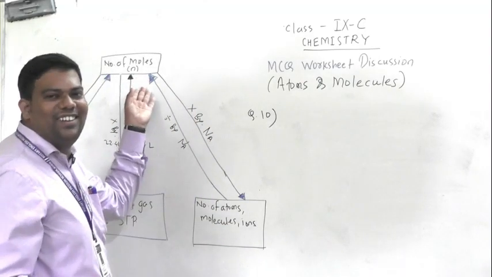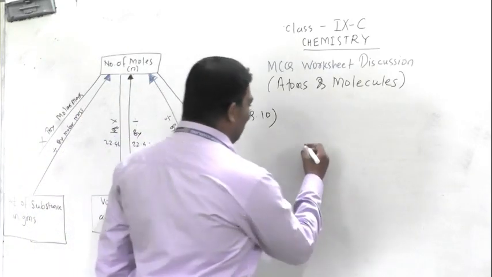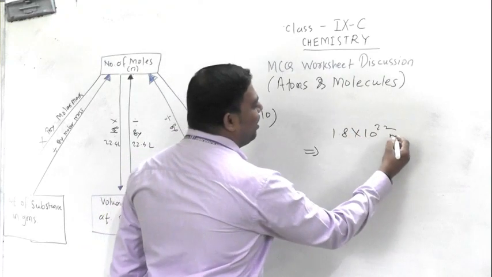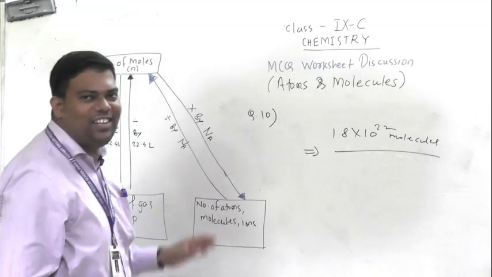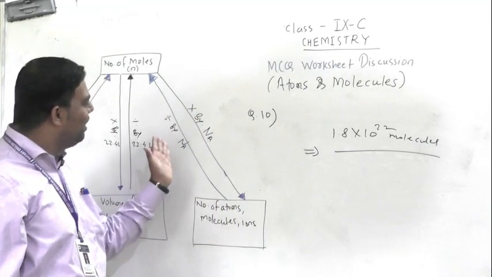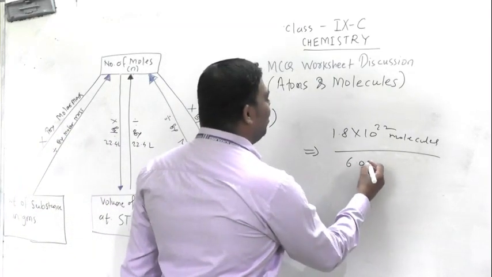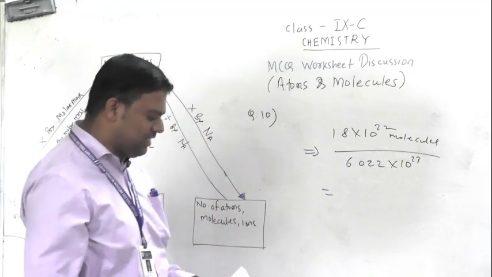So the calculation part is very easy here. 1.8 into 10 to 22 molecules they gave. If you want the number of moles, simply divide by the Avogadro number, that is 6.022 into 10 raised to 23. So you will get the answer.